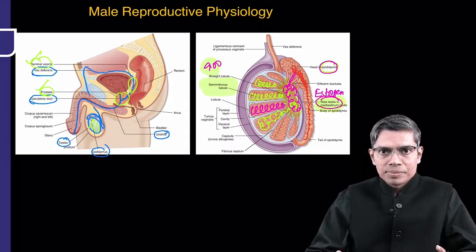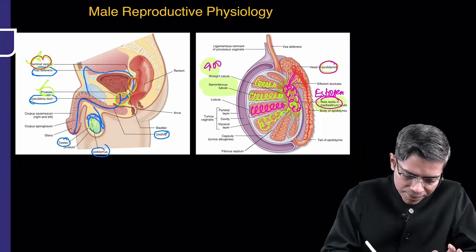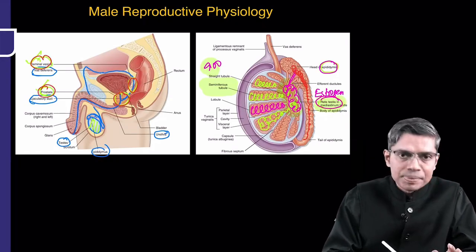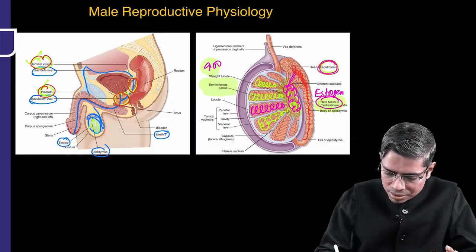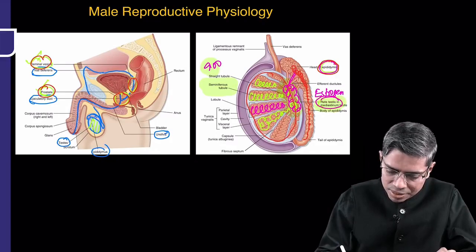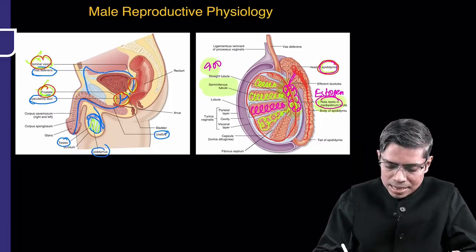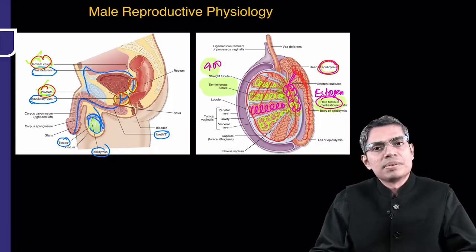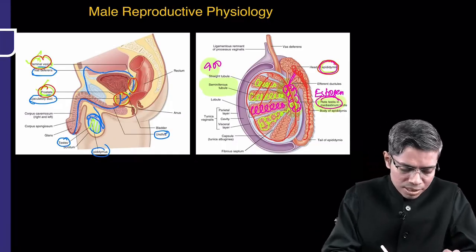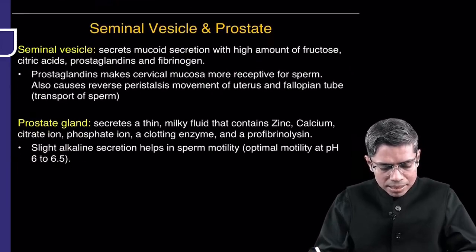So first of all, we are going to discuss the functions of this seminal vesicle and the functions of this prostate, and then we are going to discuss the functions of this epididymis, and then we will reach the level of this seminiferous tubule to understand how spermatogenesis, the formation of mature sperm from spermatogonia, is happening at the level of these seminiferous tubules, right? So first, let's discuss the function of these two, seminal vesicle and prostate.